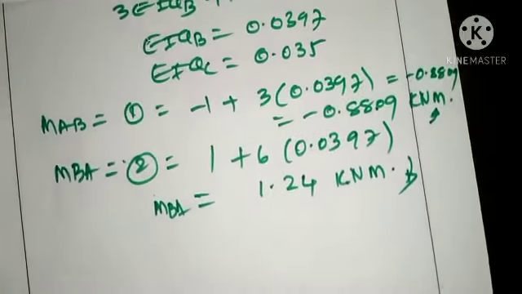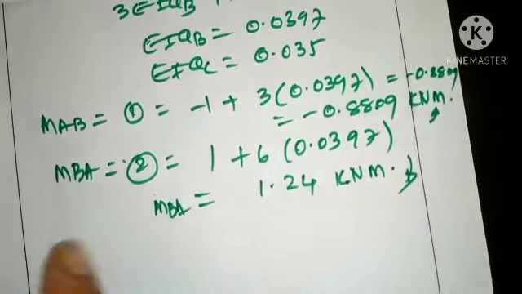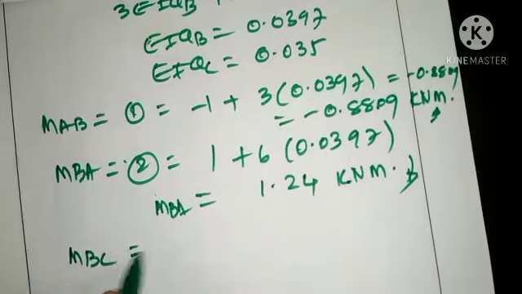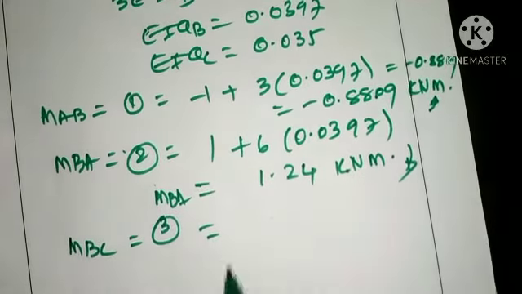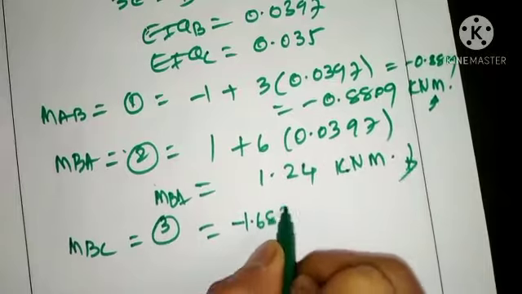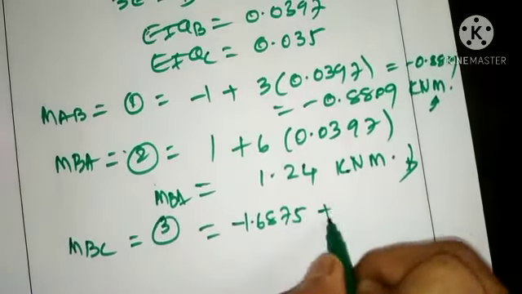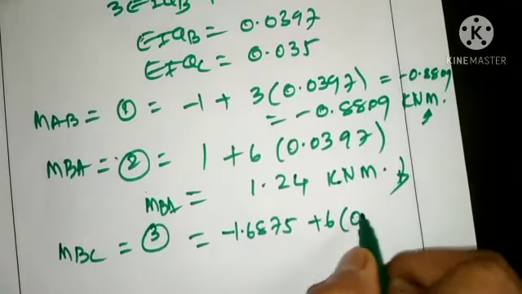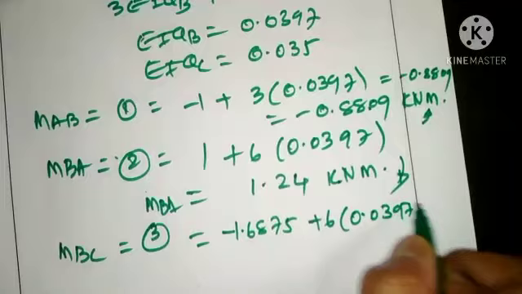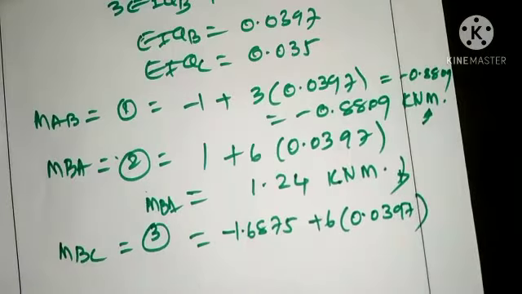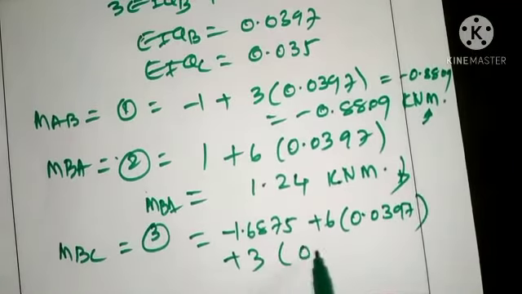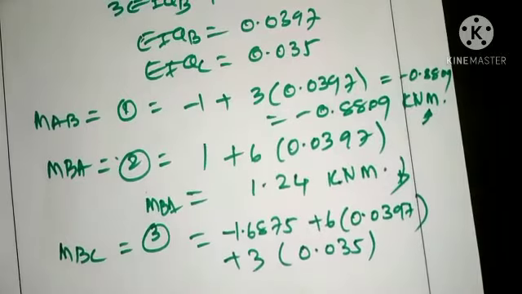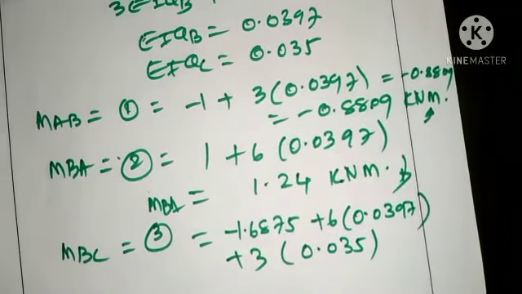Moving ahead from AB and BA, next is BC. Now the BC value is equation number 3, which is minus 1.6875 plus 6 into 0.0397, next plus 3 into 0.035, which is the MBC equation.